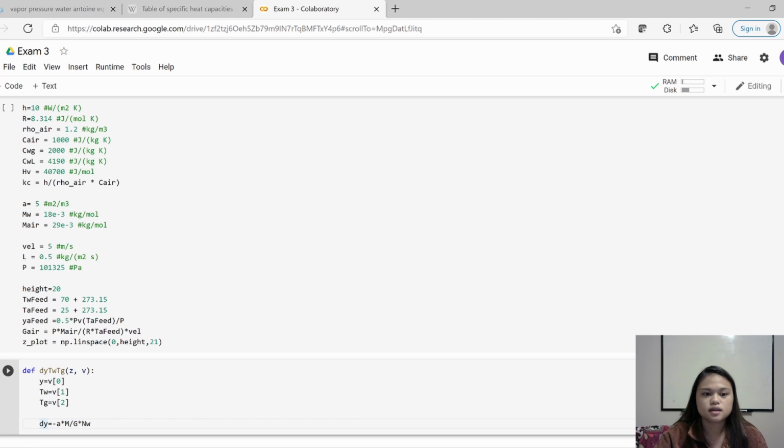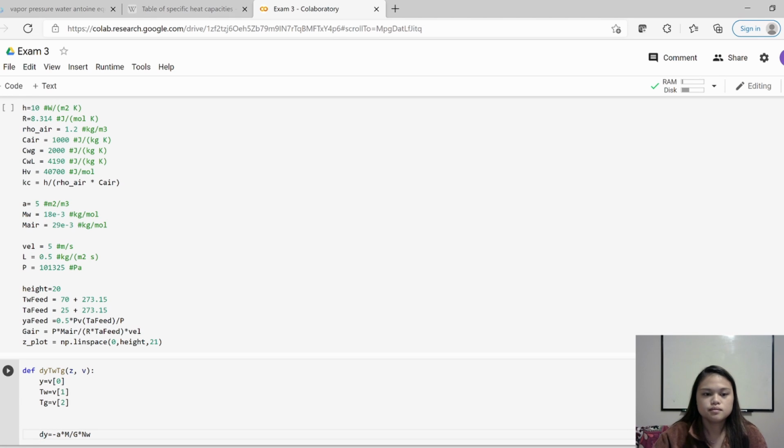So we need that molar flux. The molar flux can be defined as the mass transfer coefficient over the gas constant, over the temperature of the gas, multiplied by the partial pressure of the vapor at the temperature of the water, minus the mole fraction of the water vapor multiplied by the total pressure.